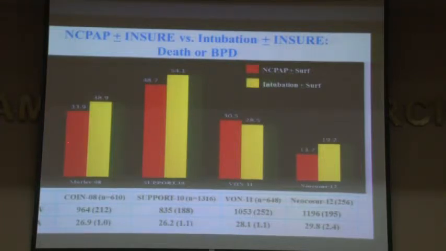You can see the failure rate in CPAP is anywhere from 33.9% to 54%. So 1/3 to 2/3 of the babies fail. This is death or BPD. Absolutely no difference between CPAP and routine intubation. The smaller the baby, the smallest baby is 26 weeks, about 835 grams in the SUPPORT trial, has the highest incidence of death or BPD, 48% or 54%.